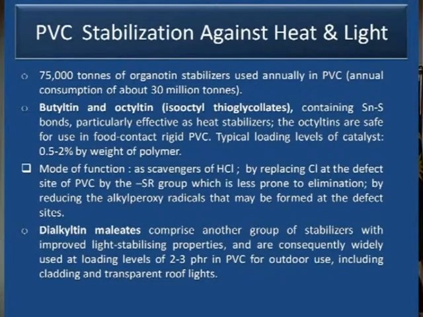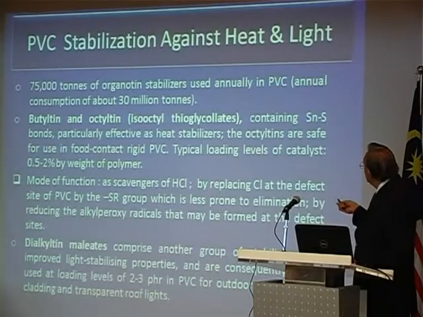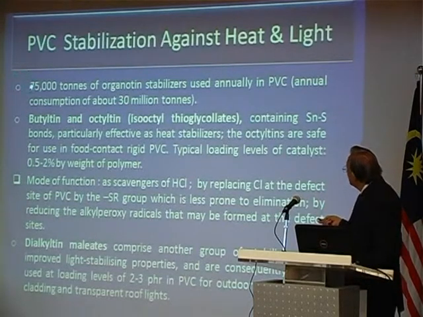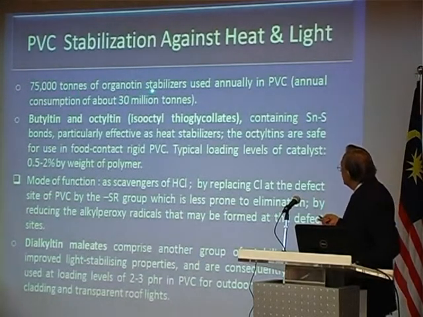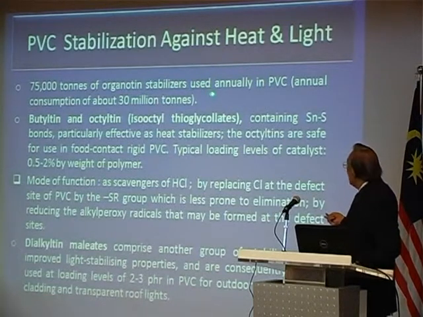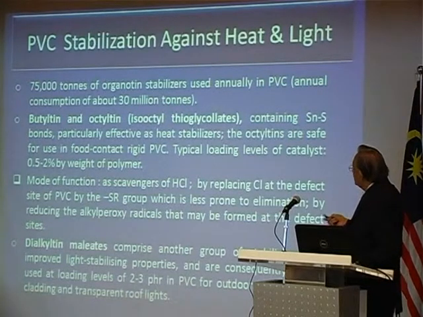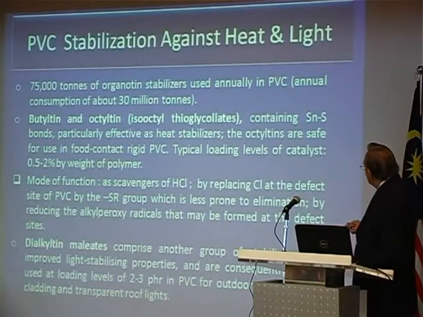The largest application as catalyst is as stabilizers for polyvinyl chloride, PVC. 75,000 tons of organotin stabilizers are used annually. And the PVC market is huge, 30 million tons. There are two types of stabilizers, one containing tin-sulfur bonds, the other containing tin carboxylates.